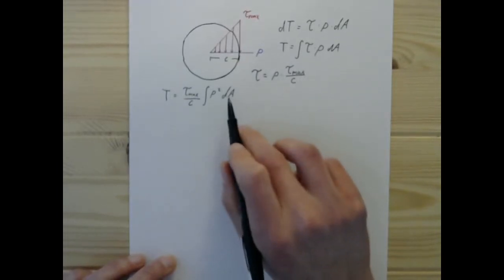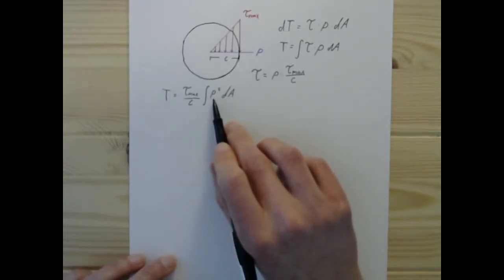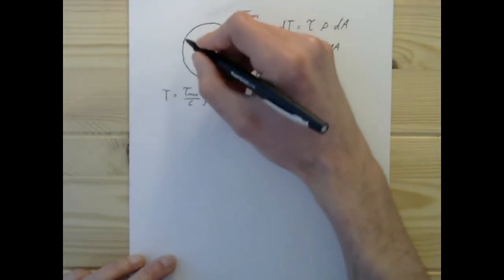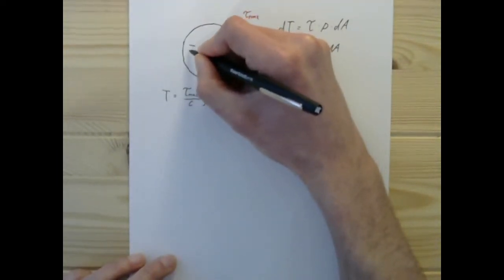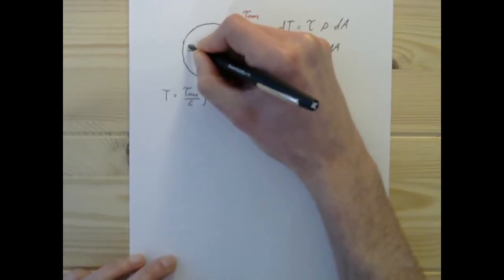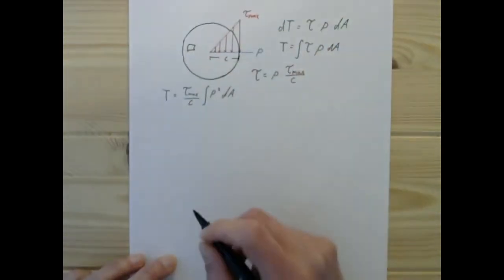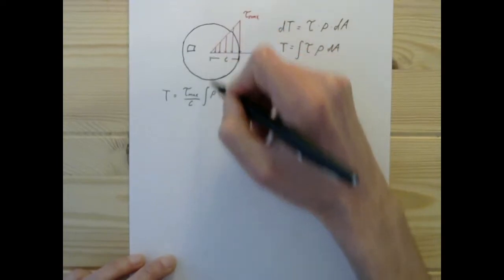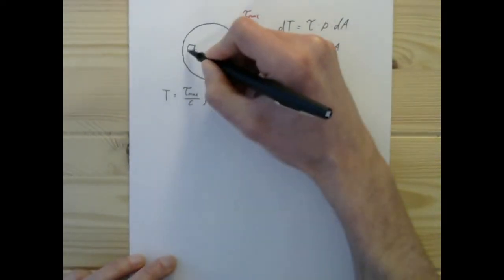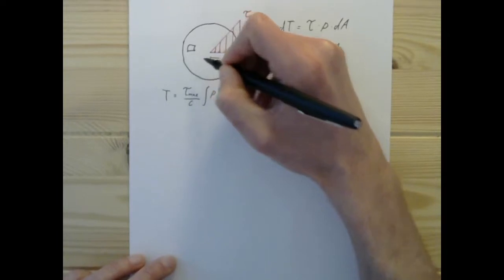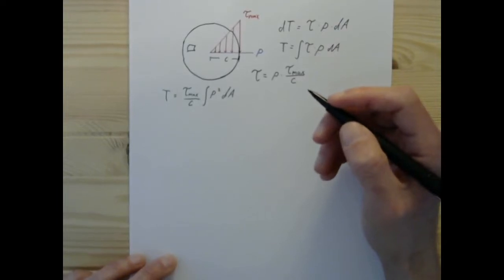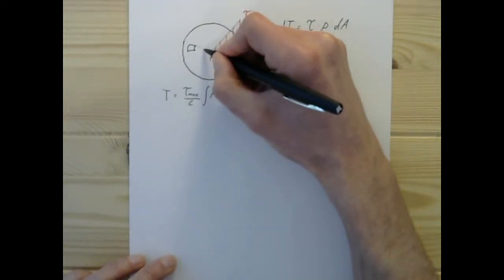So how can we get the area with respect to rho? Well, it's a circle. If we're looking at an element, it's going to be equal to our distance in the rho direction times the circumference, which is 2 times pi.